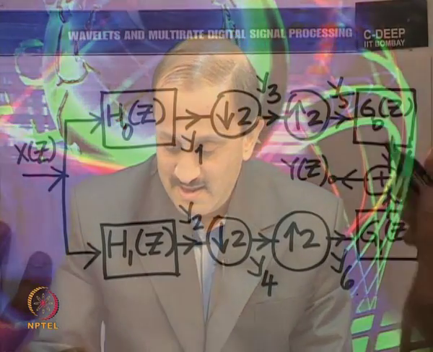Now, we are only almost one step away from the output. That step is also not very difficult to take. We just have two filters followed by a summer, which is easy to do in the Z domain. So, let us complete that exercise. So, now we are here.